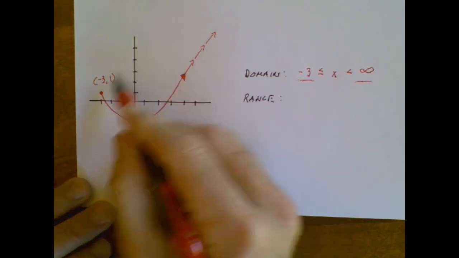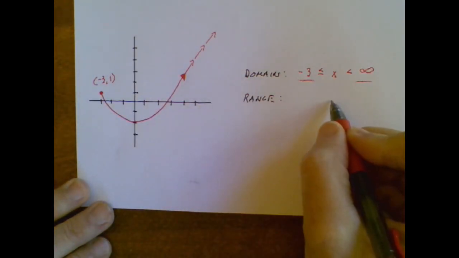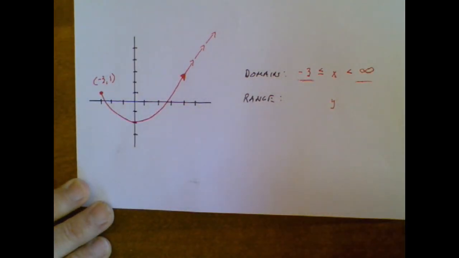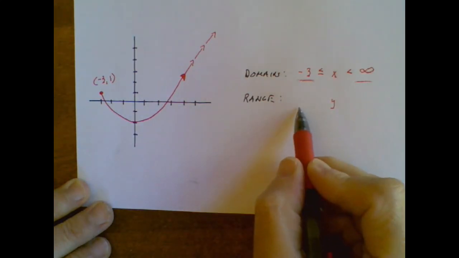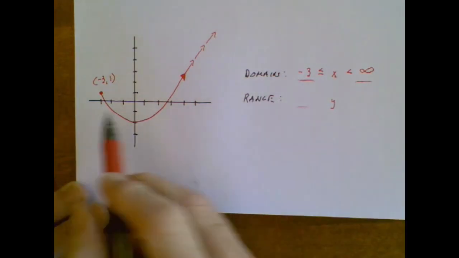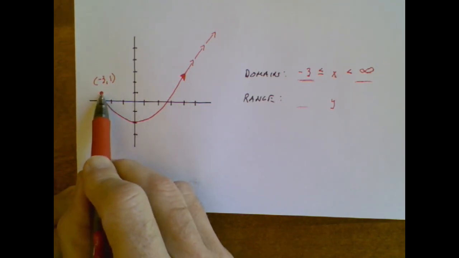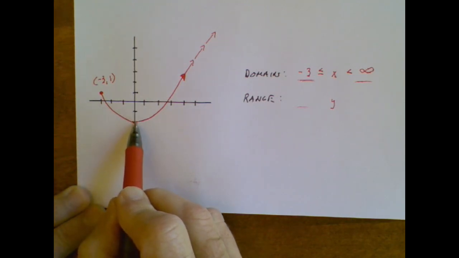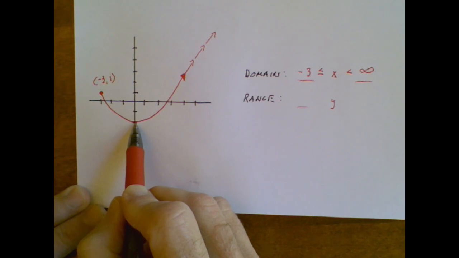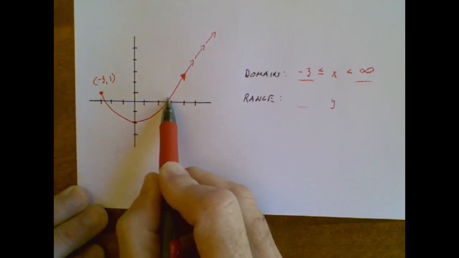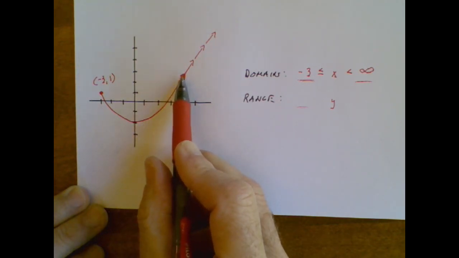All right, I'm taking a look at the same graph, and now I'm thinking about the range. So the very first thing I would put on my paper is the y value. Then I would have to ask myself, what's the smallest y value possible? Well, your eyeballs might want to look at the beginning of the graph, but that's not the case in this case. My y value when I start is 1, but then my graph dips down to its lowest point, its absolute minimum in this case, and then ends up going back upward forever and ever and ever.